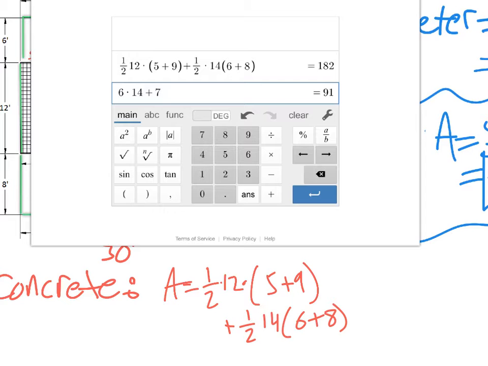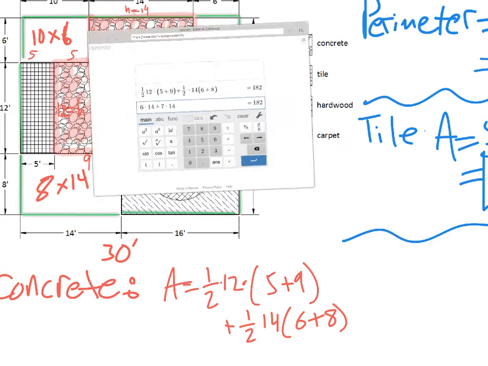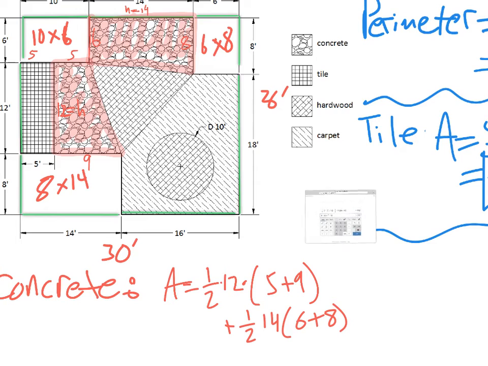I know 1/2 times 14 is 7, times 14. So if you can start the order of operations in your head, you're going to do a lot less typing, and you'll be just as accurate, maybe more accurate, because you'll make fewer typing mistakes. All right, let's shrink this guy down and put that aside for now. So we had 182.